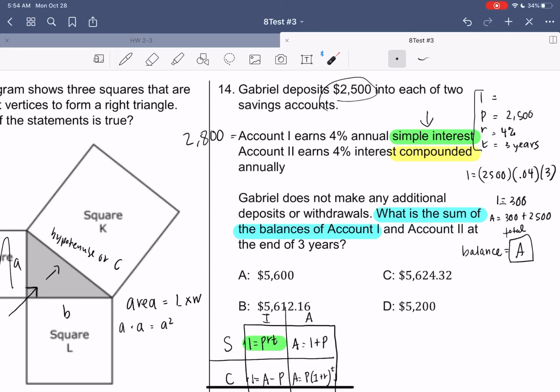So to find our compound amount, we're going to take A equals P times 1 plus R to the T power. So A equals principal 2,500 times 1 plus 0.04. That was taking 4% and dividing by 100. And then to the third power.